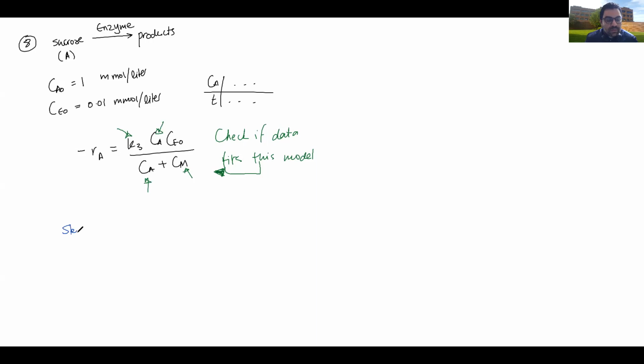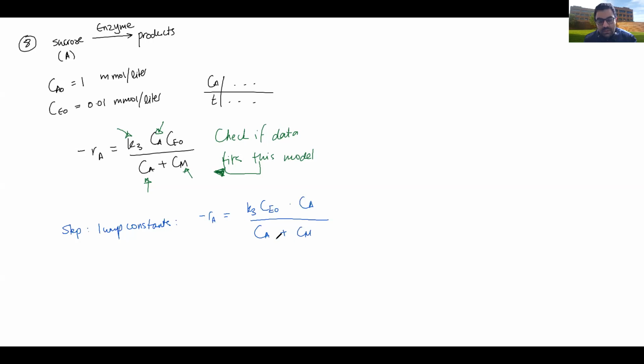So step one in this approach would be to lump your constants. In this case, I have minus RA equal to K3 CE naught, so I'm lumping these two together, multiplied by CA divided by CA plus CM.